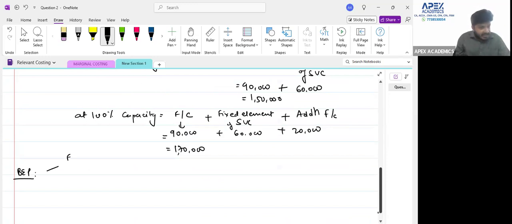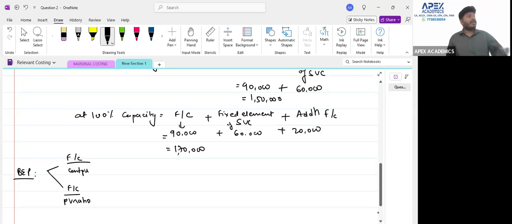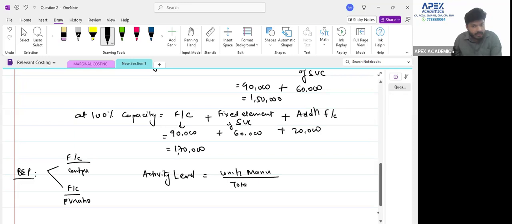I either need fixed cost upon contribution per unit, or I need fixed cost upon PV ratio. Now, what are they saying? They are saying the words activity level. Activity level means units manufactured divided by total capacity multiplied by 100.